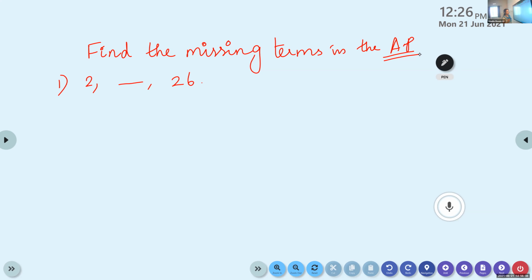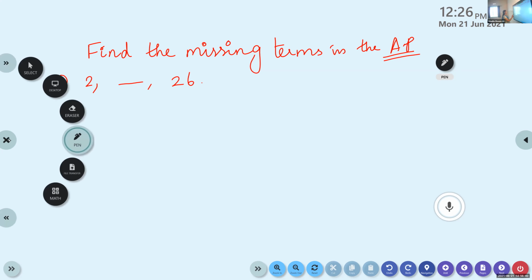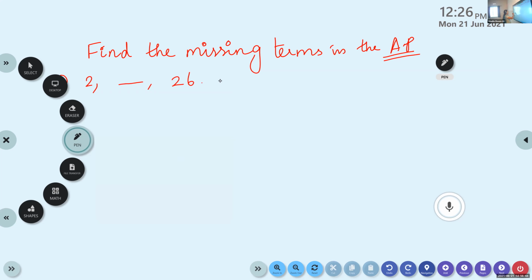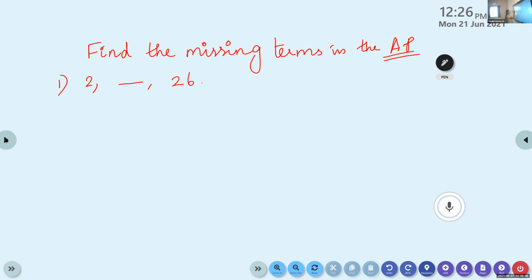Now listen, whenever we are given a question like this, the first step is to give the notations. Here it is A1, A2 is not known, A3 is given. If you look into the sequence, first term is given, second term is not given, third term is given.